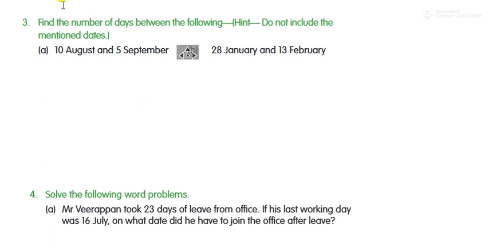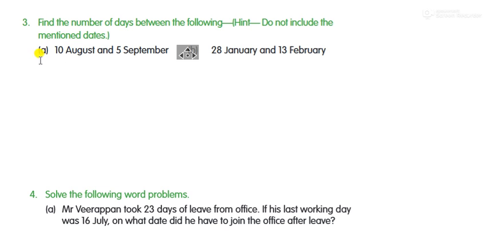Find the number of days between the following. Here, 10th August and 5th September. Here, the hint they have given is don't include the mentioned dates. So count from the 11th August to the 4th September.